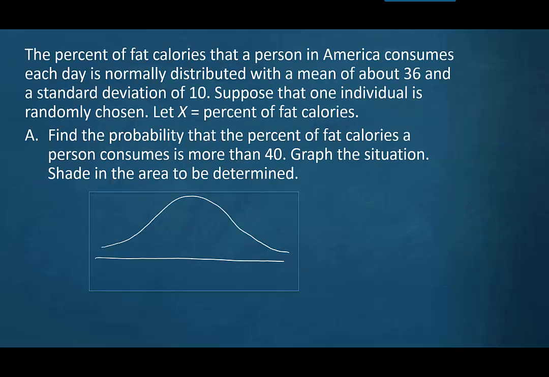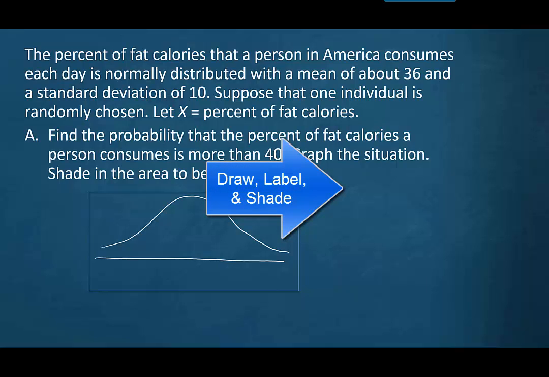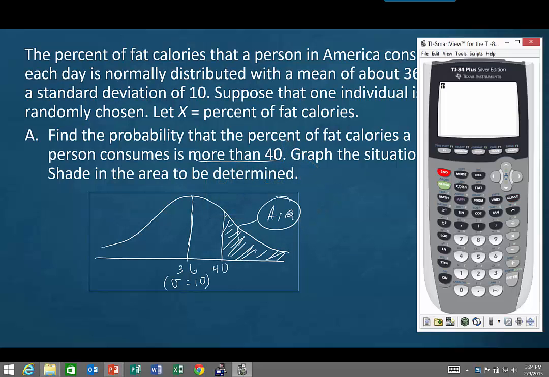Since we are turning to technology to do more of these, the showing the work part is right here, drawing the stuff on the curve. When you're looking for the area, you're going to go to norm CDF. If you know the area and you're looking for the value, you go to inverse norm.